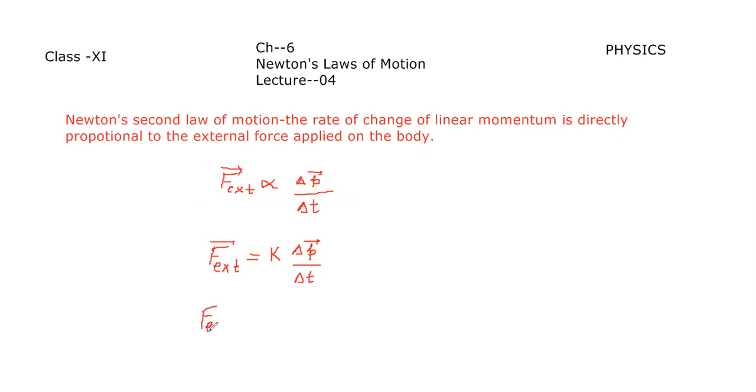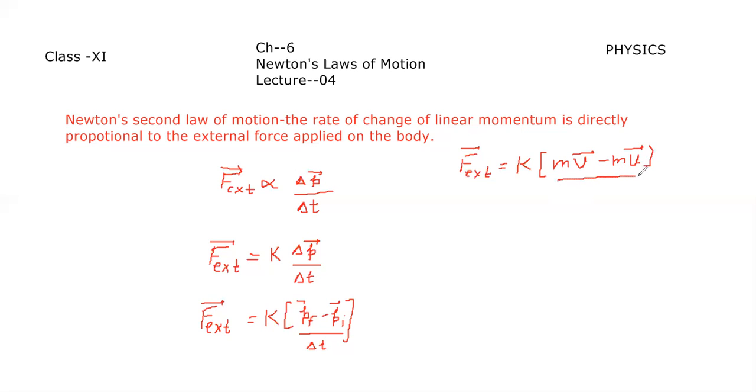What is change in linear momentum? That is final momentum minus initial momentum. So we get k times P final minus P initial upon delta t. So F external equals k times P final, and P final is mass into final velocity minus mass into initial velocity, upon delta t.